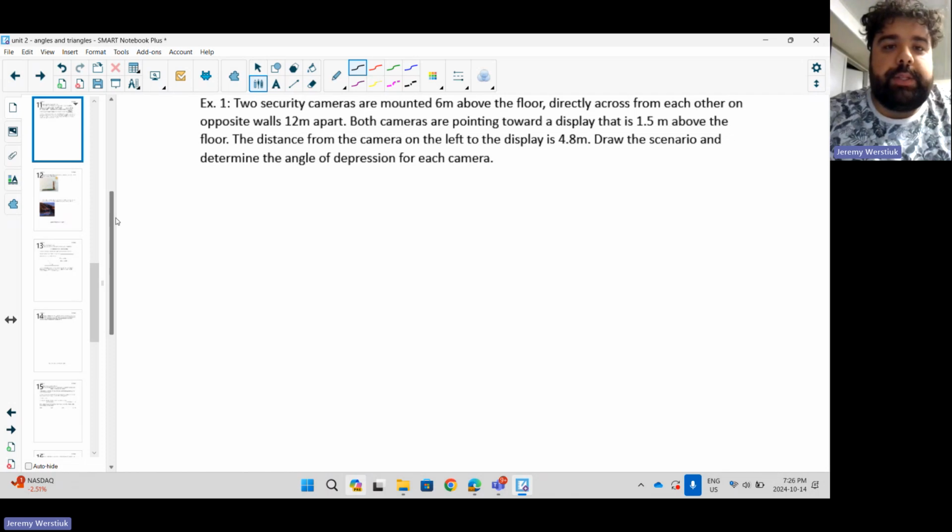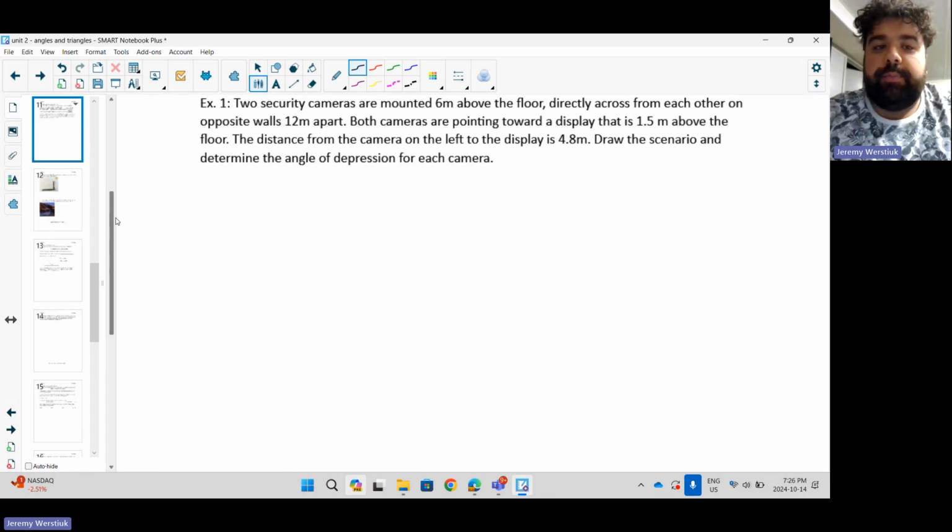It says 2 security cameras are mounted 6 meters above the floor, directly across from each other on opposite walls, 12 meters apart. Both cameras are pointing towards a display that is 1.5 meters above the floor. The distance from the camera on the left to the display is 4.8 meters.